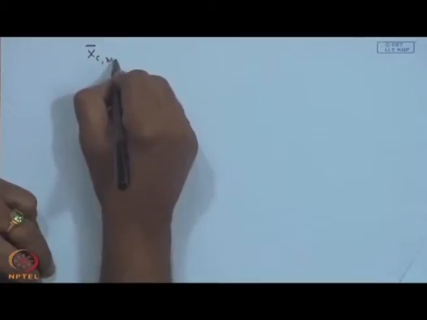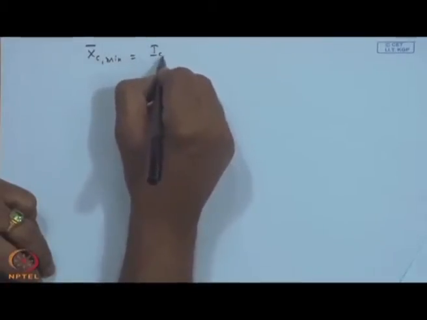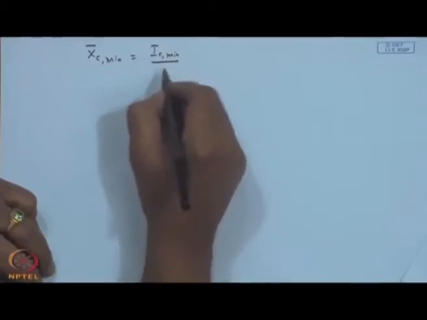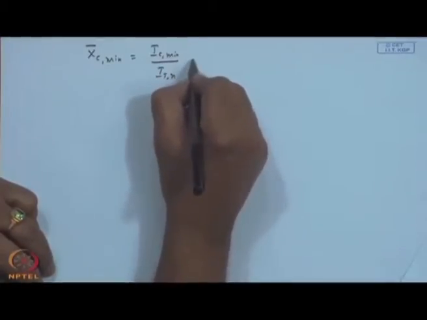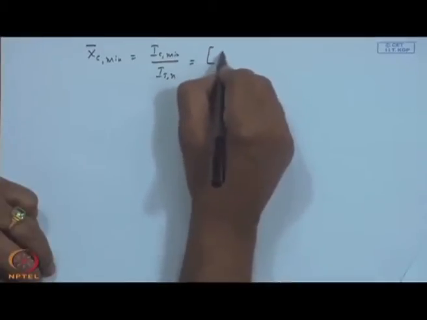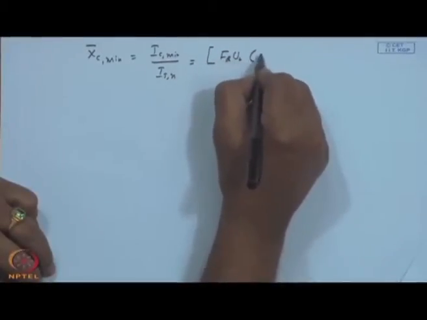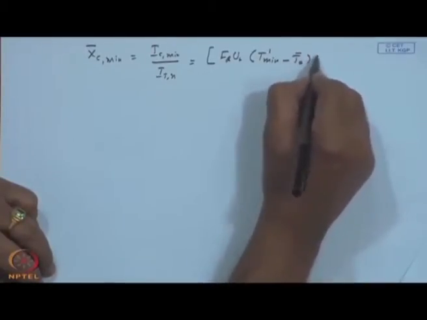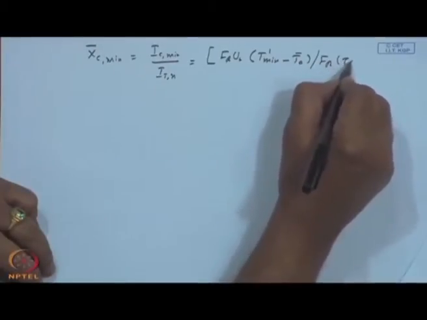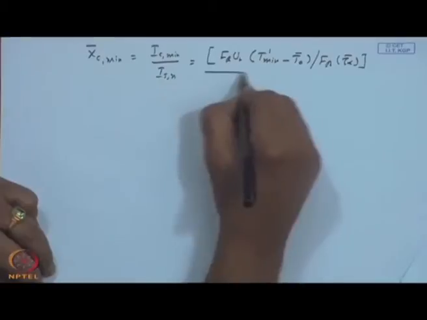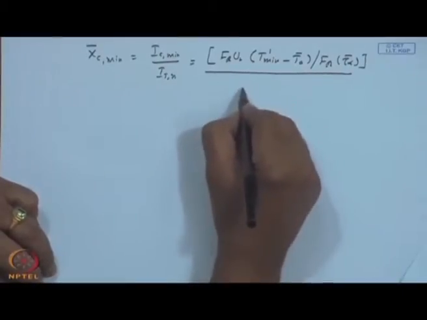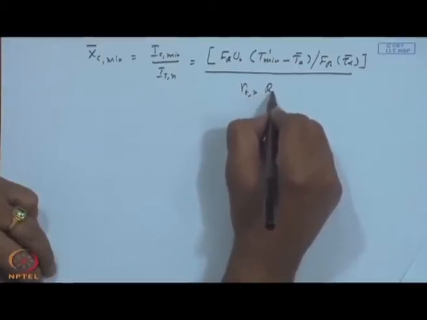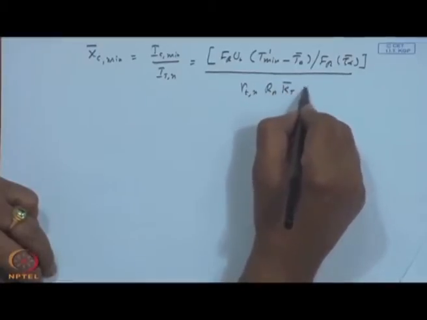If you want, you can now rewrite x c bar minimum as I c minimum by I t noon, equal to, everything is the same, F r U L times T min guessed minus T a bar, by F r tau alpha bar, over R T n, R n K T bar H z bar bar.